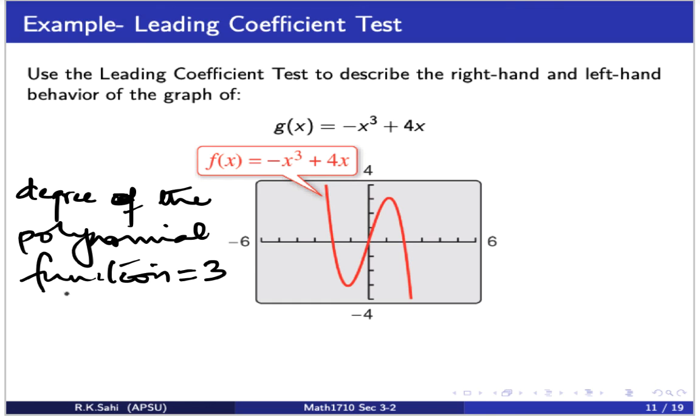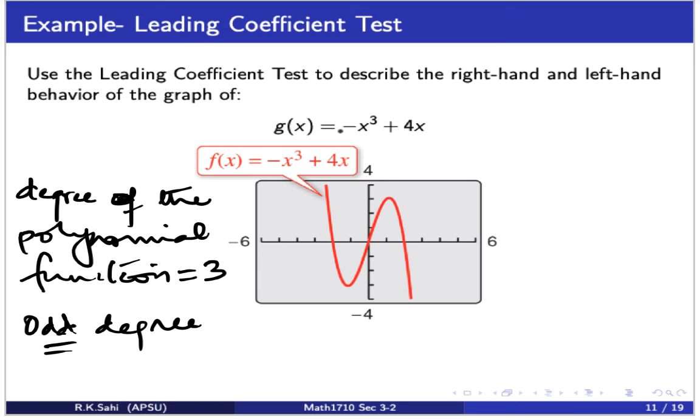So if the degree of the polynomial is 3, guys, that means we have an odd degree. Now, odd degree, remember, tells us what? That on one side, right or left, it will rise, and on the other side it is falling. So if it's an odd degree, this is what we're going to keep in mind.